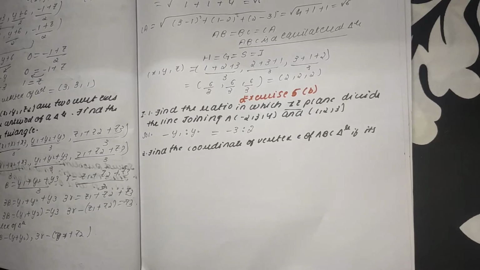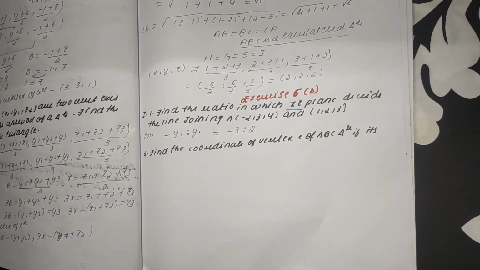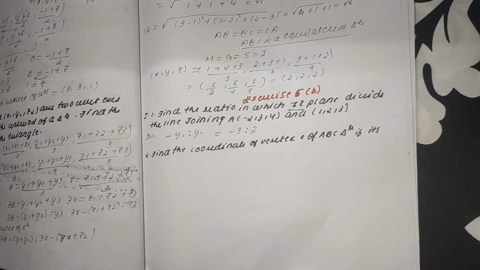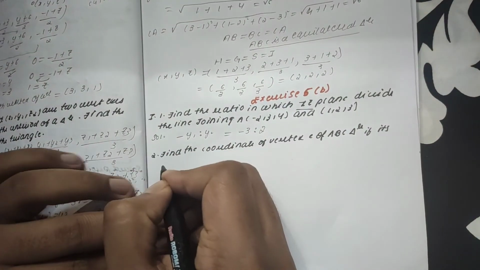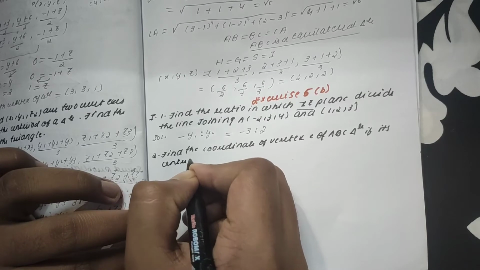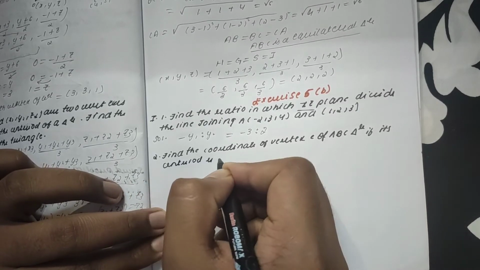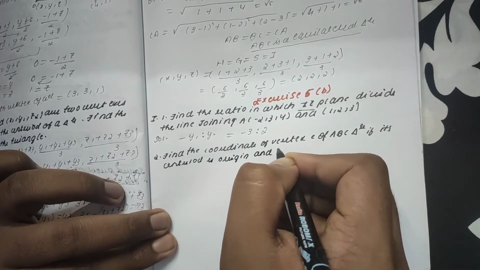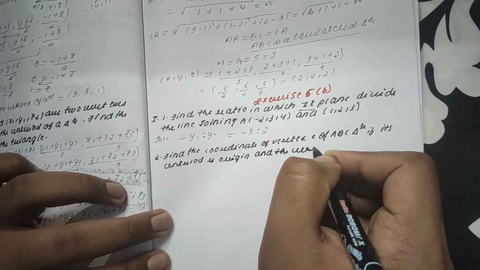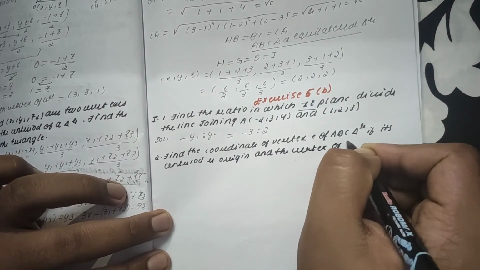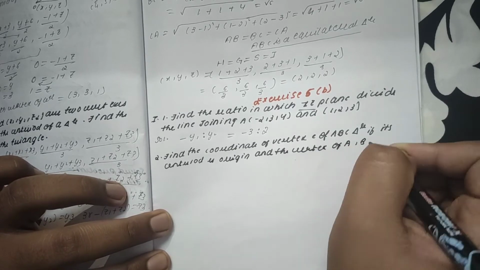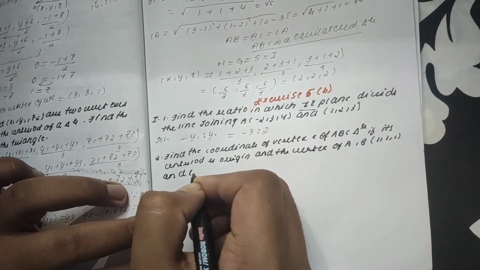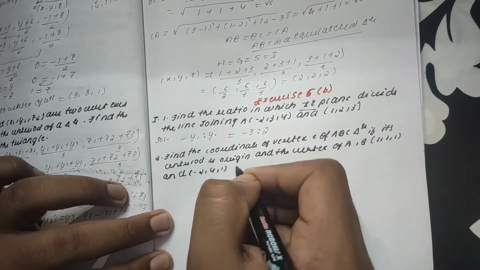So let's go to the next sum, which is: find the coordinates of the vertex of triangle ABC if its centroid is the origin and the vertices A and B are (1, 1, 1) and (-2, 4, 1) respectively.